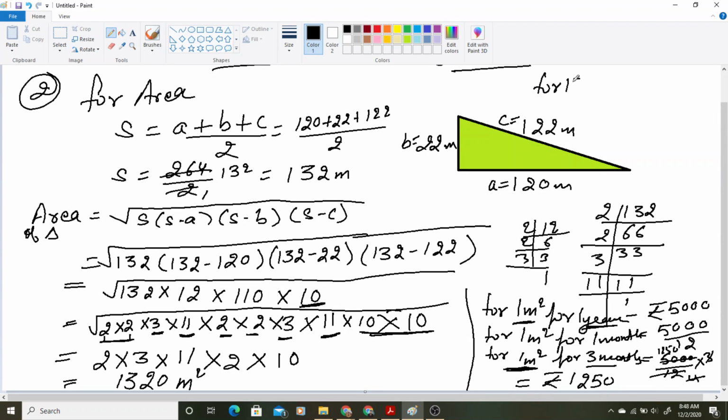For 1320 meter square, इसके लिए कितना पे करेंगे? 1320 multiplied by 1250. Why? See, because for 1 meter square, 1 मीटर स्क्वायर के लिए कितना है? 1250. So for 1320 meter square it will be multiplied by this.